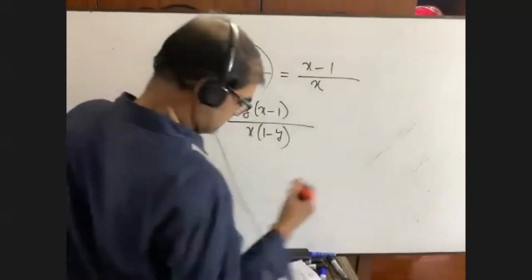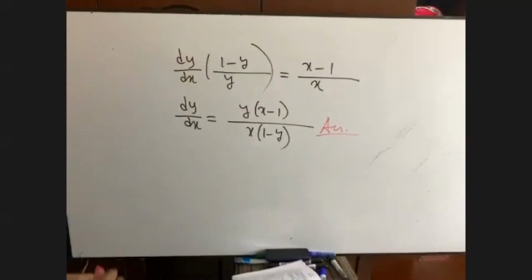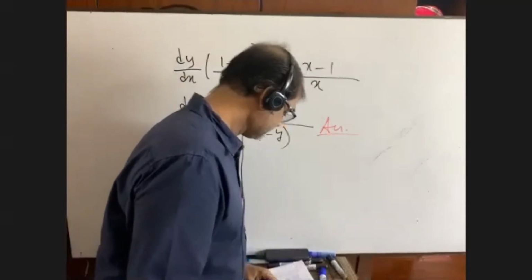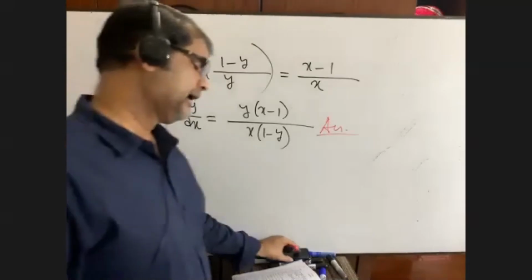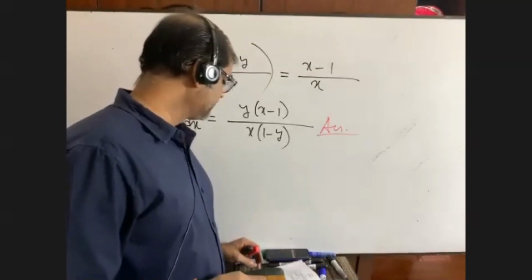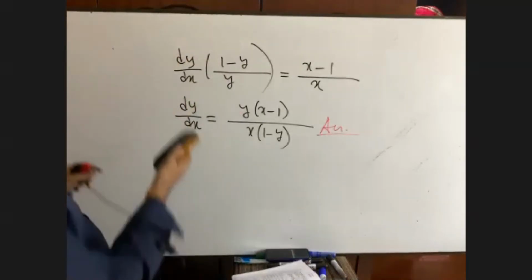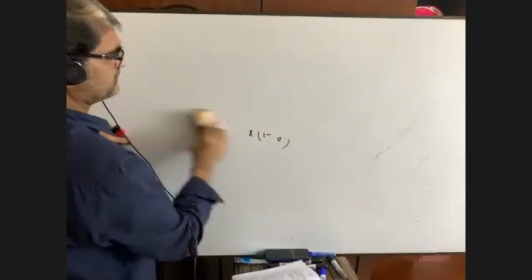It is the answer. Now, if this question is given in the exam, can you do it? Yes, sir. Okay, good. Why didn't we do it with the previous rule? Of course, it could be done and you will get the same answer. Okay?